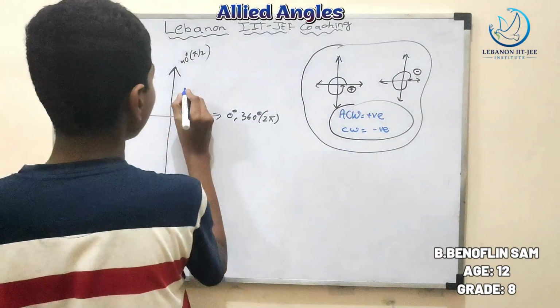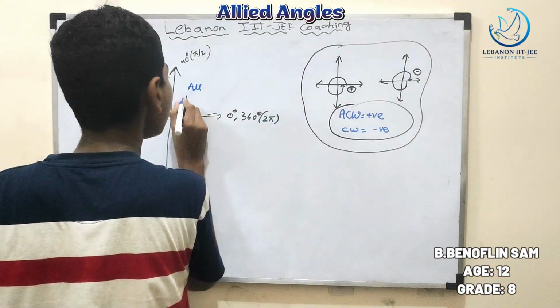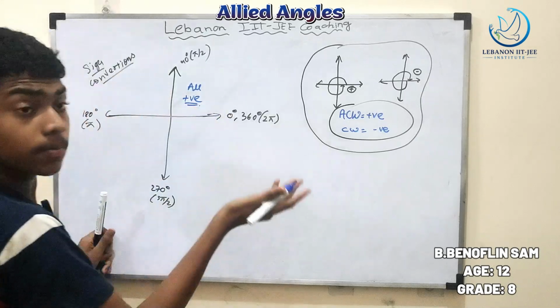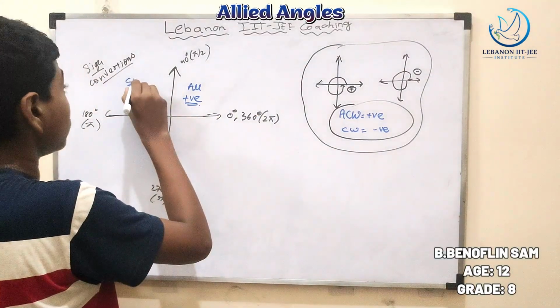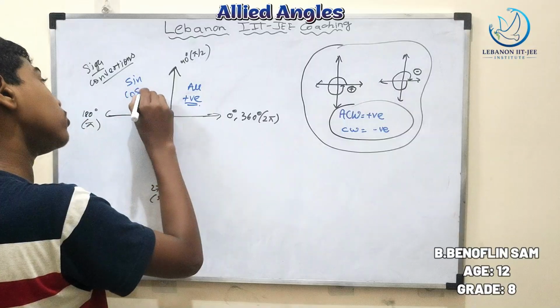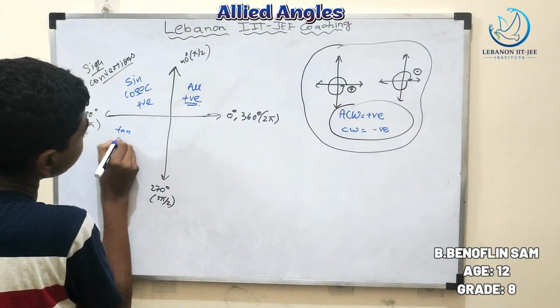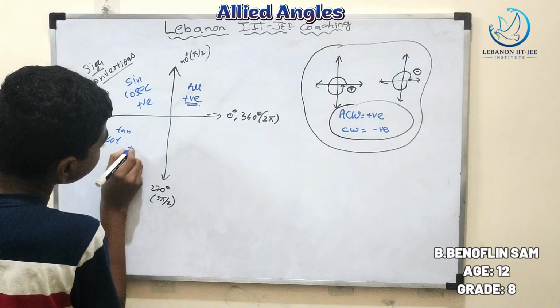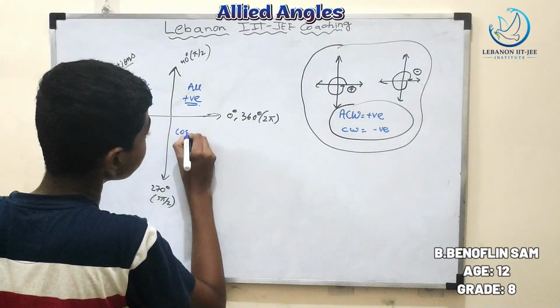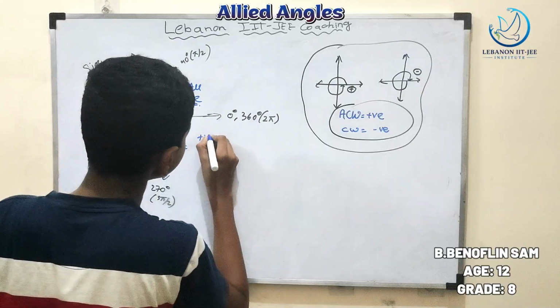All are positive in the first quadrant, any angles are positive. In the second quadrant, sine and cosec are positive. In the third, tan and cot are positive. In the fourth, cos and sec are positive.